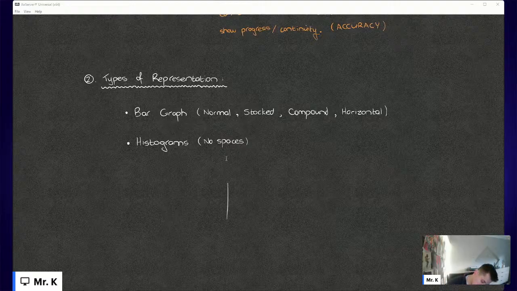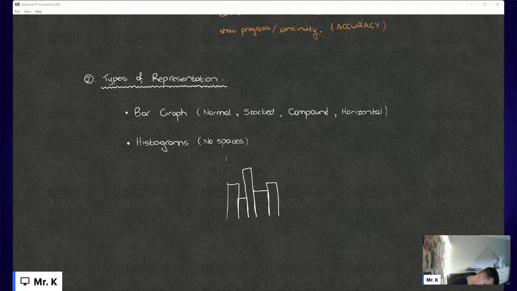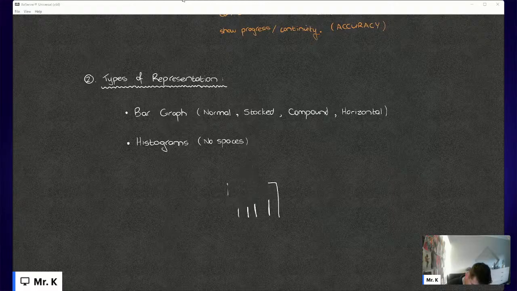There are no spaces between the bars. So all of the bars are touching like so. And there's a specific reason why we sometimes have graphs with gaps and graphs with no gaps.